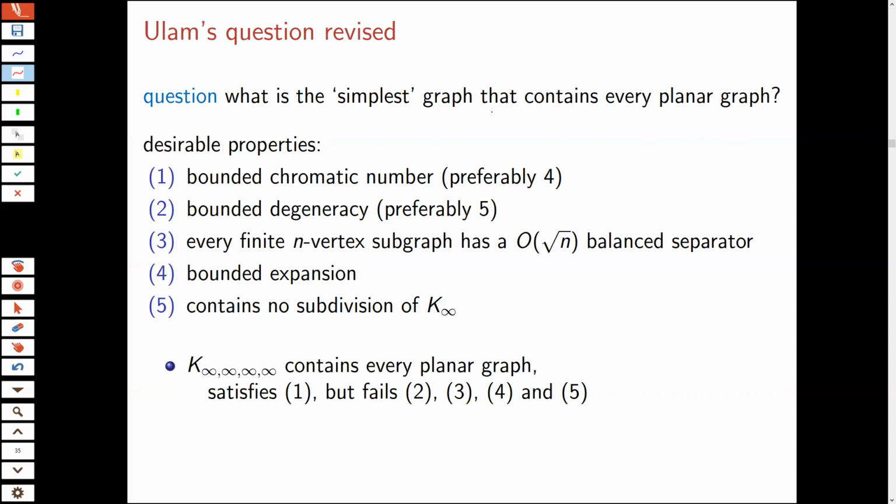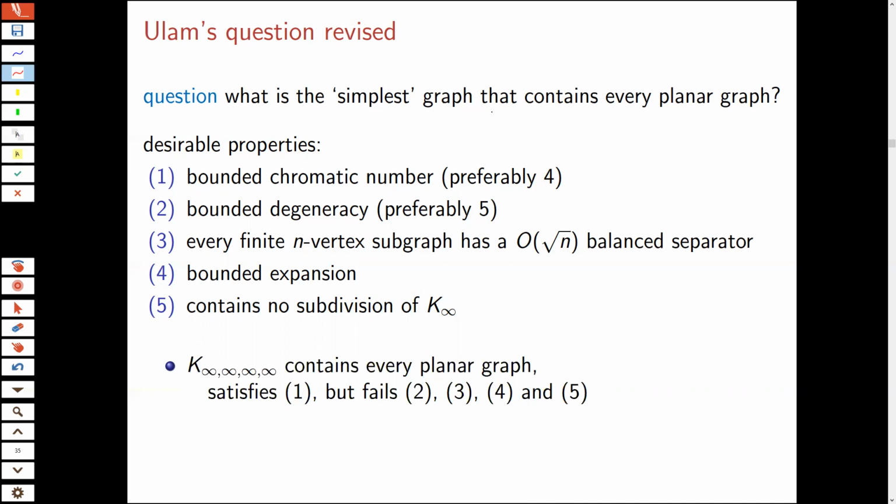All right, so let's think about what would probably be the first guess at a graph that contains all the planar graphs. Perhaps your first guess would be the complete four-partite graph with infinitely many vertices in each color class. Now, that does contain every planar graph. Every finite planar graph is four-colorable by the four-color theorem, and then by the Erdős–de Bruijn theorem, every planar graph is four-colorable.